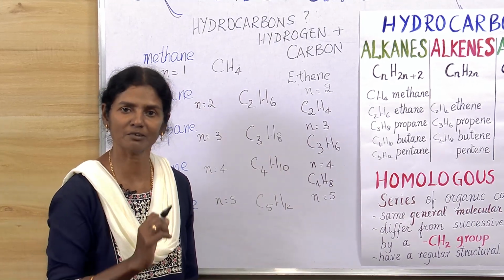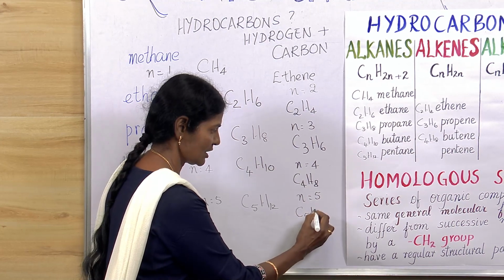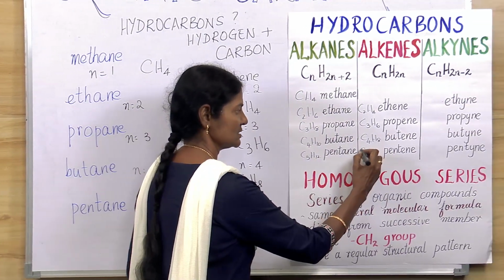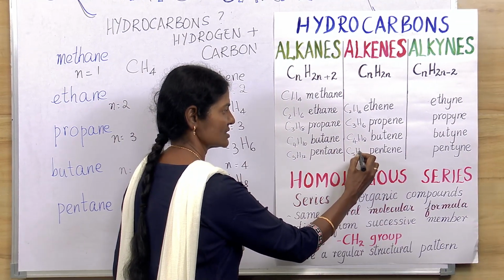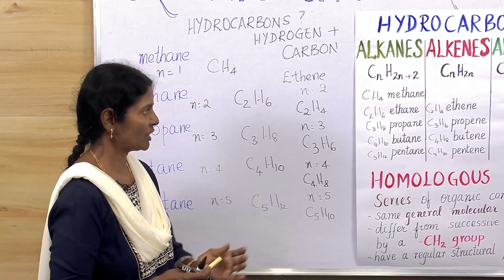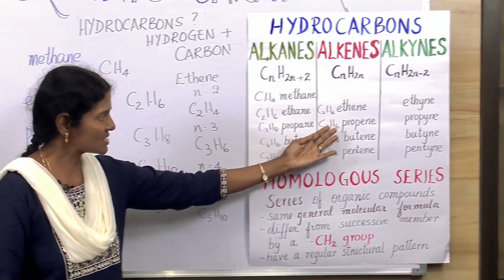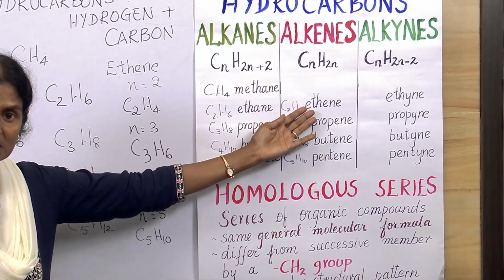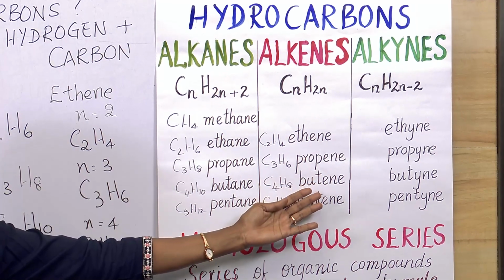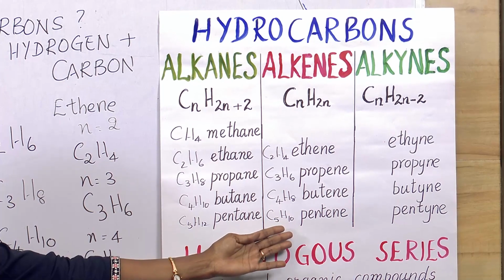Pent stands for 5 carbon atoms. Now let's apply that. It would be C5H10. Did you understand this? So when we apply this general molecular formula, we get these specific molecular formulas for ethene, propene, butene and pentene. These are all double bonded.